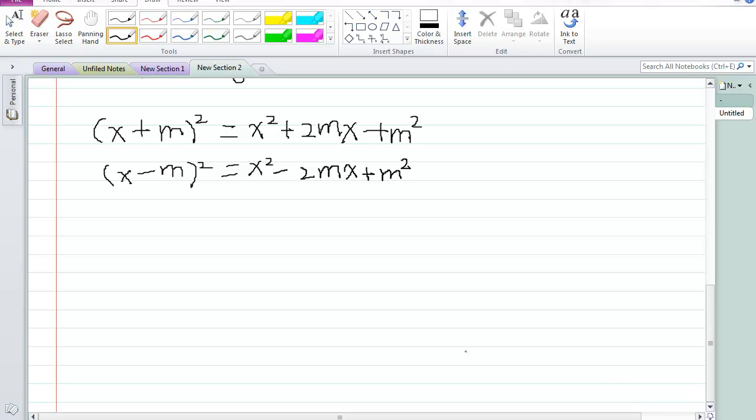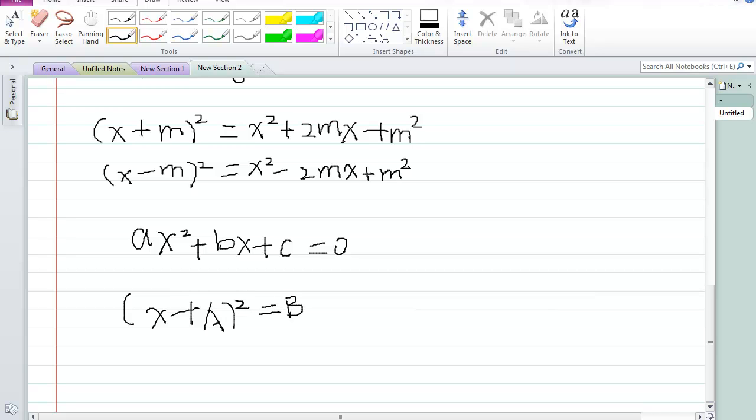So we have that, and we know if we can have something, for example, like this, ax squared plus bx plus c equals 0. That's the standard form of the quadratic equation, and if we can change it into something like x plus a squared equals b, that's more like the example we just did.